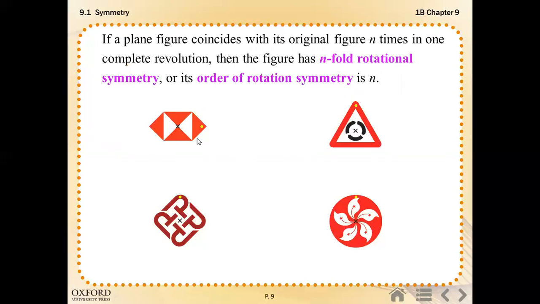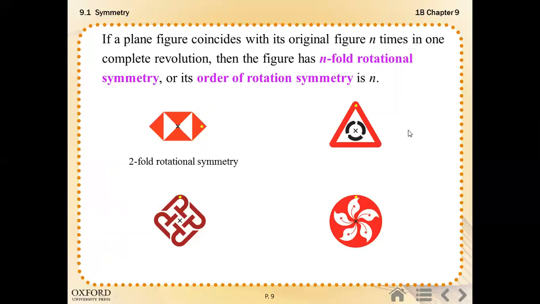Okay, let's try the following 4 figures. See how many fold, or the order, okay? The first one, turn it 180. You get it once, turn it another 180. That's 360. You got this figure 2 times. So it is two-fold rotational symmetry.